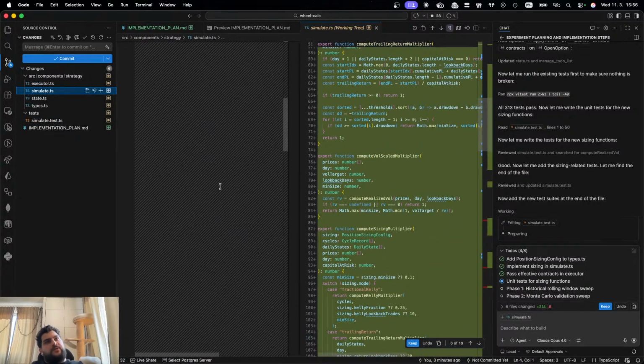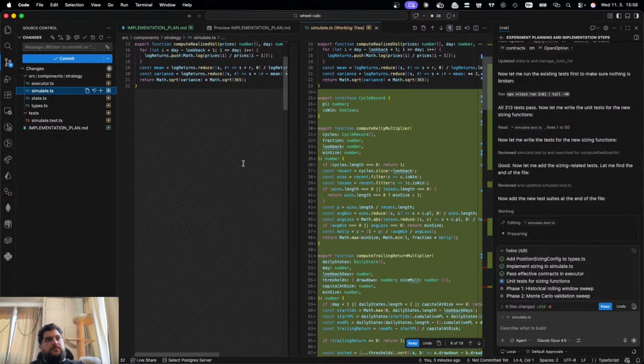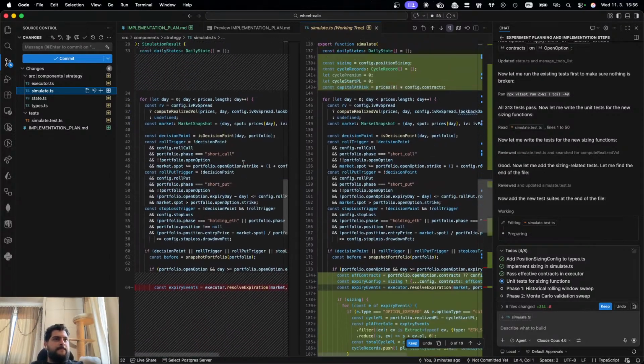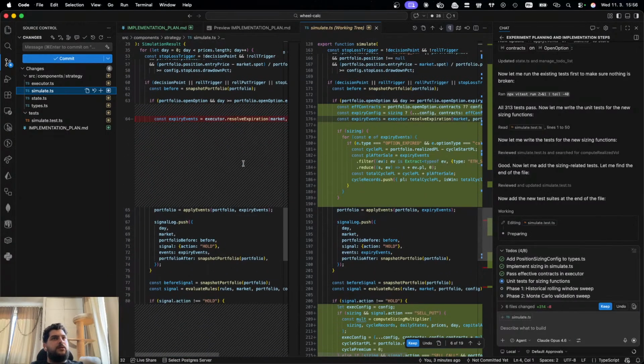So there is a new code base for the simulator which accepts the new param, position sizing for contracts.